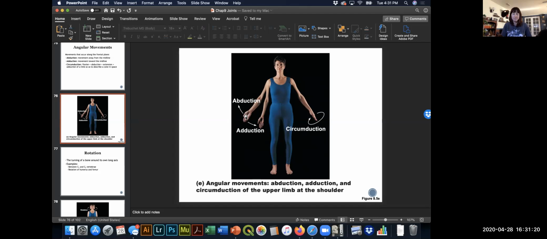You can also do this with your fingers. If the midline of the hand corresponds with your middle finger, you can abduct and adduct your fingers as well.